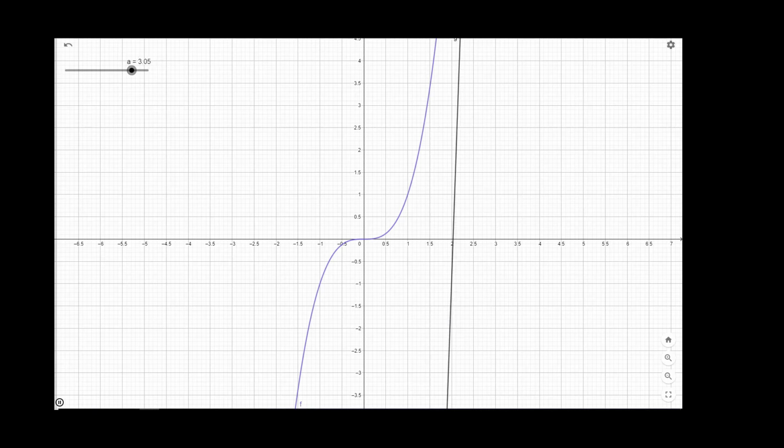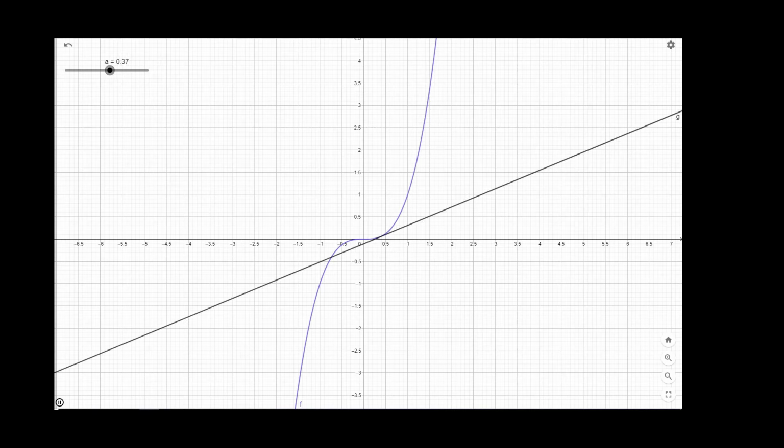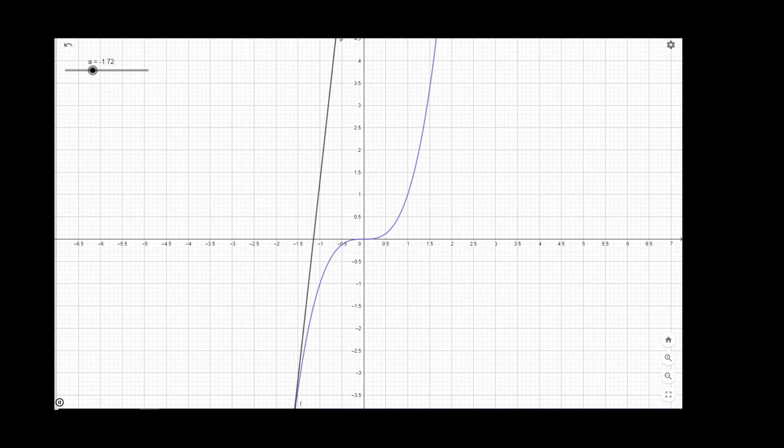As we are approaching 0, the slope of the tangent will become 0, and then again it will become positive. Whether x is negative or positive, the slope of the tangent always remains positive, as we have seen in the derivative of the function, that is 3x square. Whatever the value of x, the derivative remains positive.